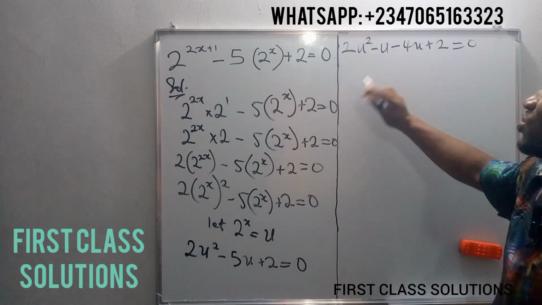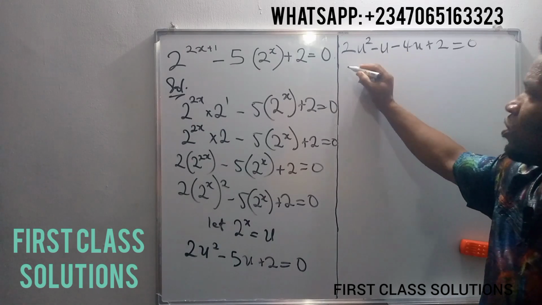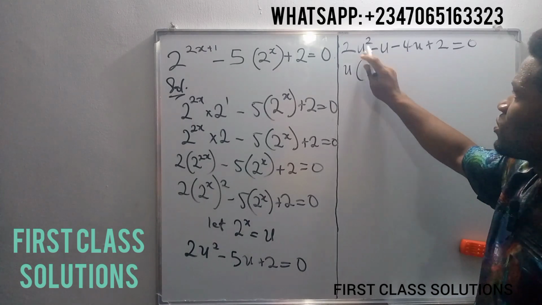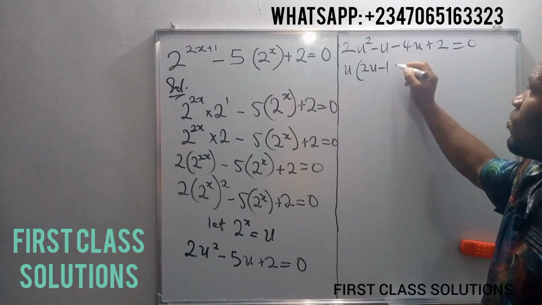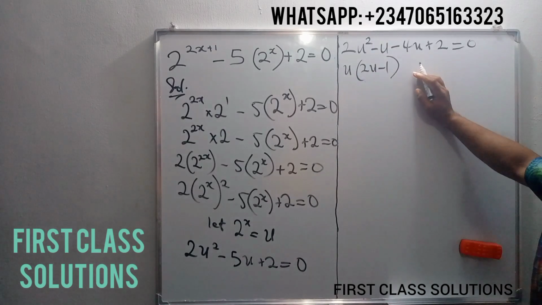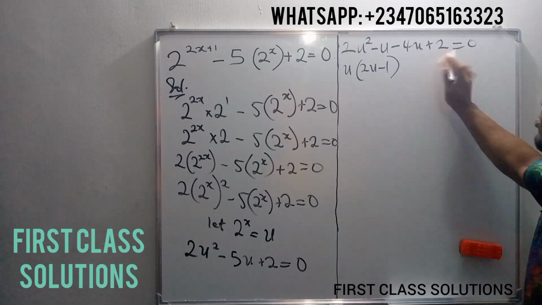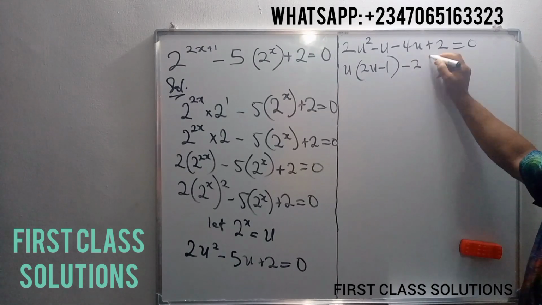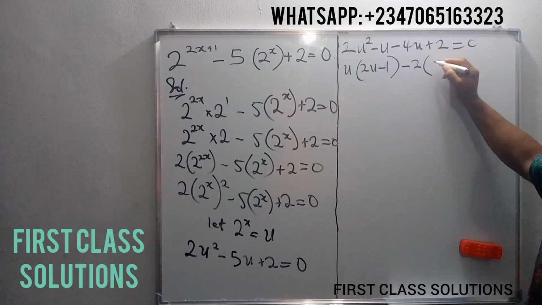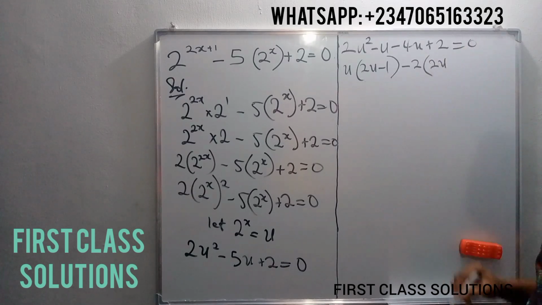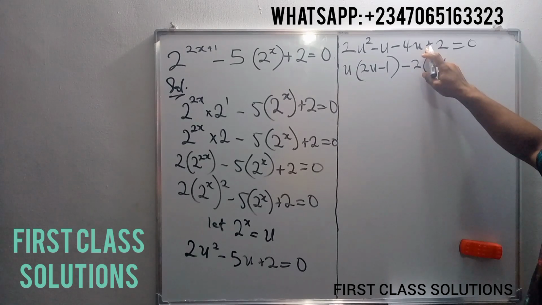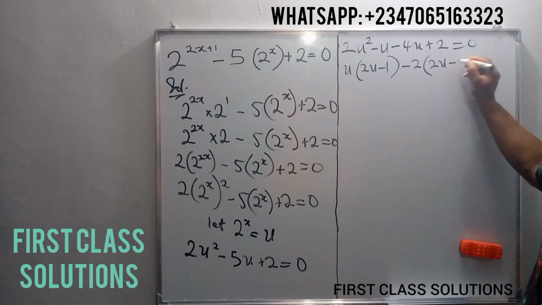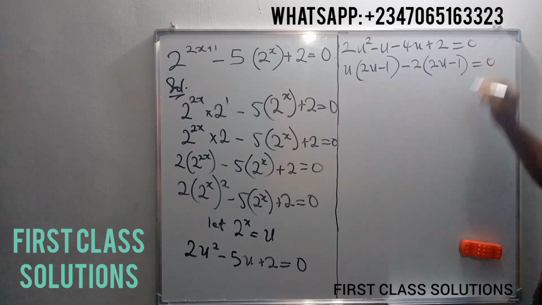We have u being common. We have u into 2u, and u divided by u will give us 1. Next, what is common between these two? We have minus 2 being common. 4u divided by 2, we have 2u. 2 divided by 2, we have 1. Whereas plus and minus will give you minus, so minus 1 equals 0.